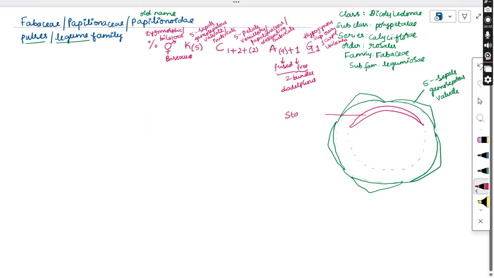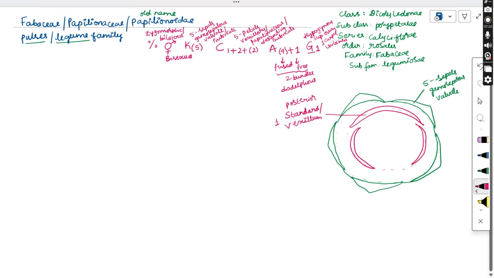It is the single one present towards the posterior side, and it covers the 2 small petals which are laterally arranged to it.